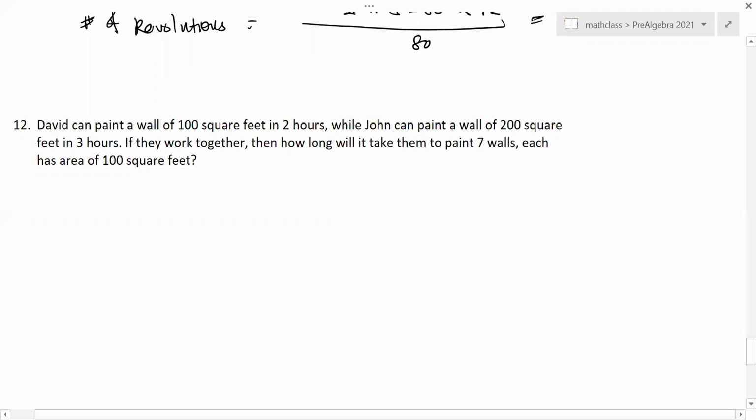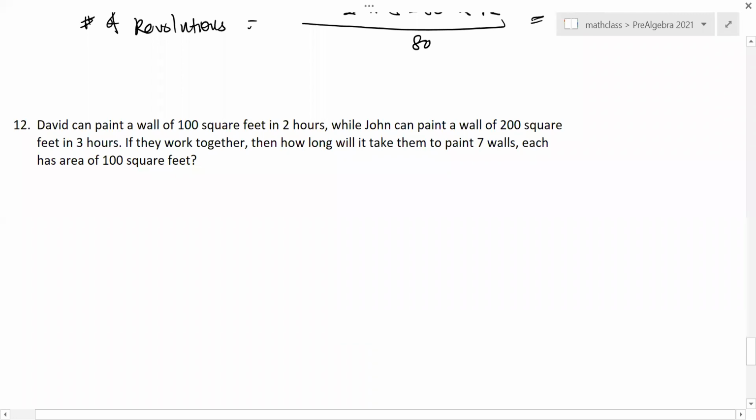We know the speeds. David can paint 100 square feet in 2 hours. John can paint faster: 200 square feet in 3 hours. If they work together, how long will it take?